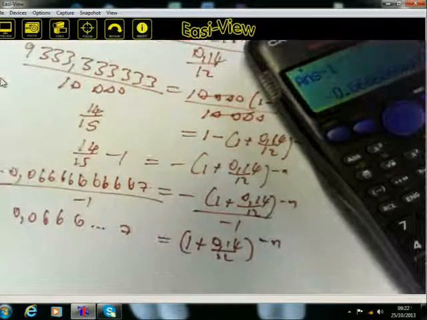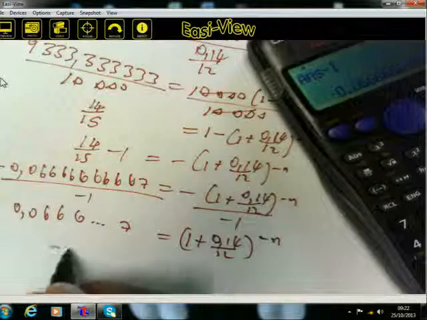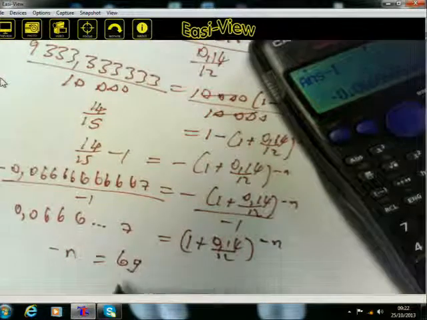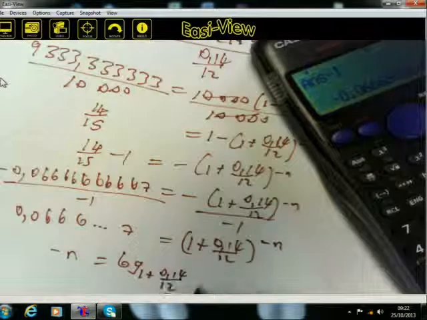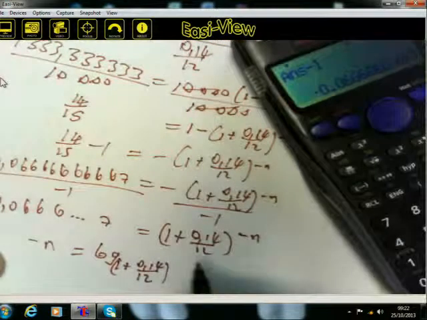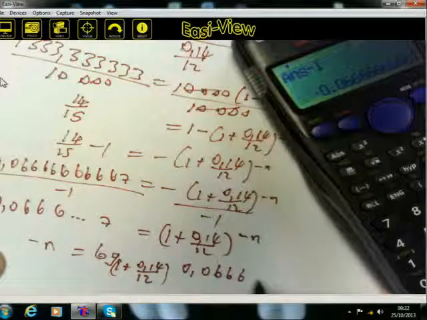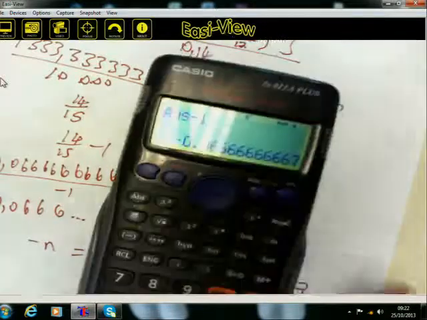Of course, from here, good people, what can we do? Apply the log. That will be minus n is equal to the log, with base 1 plus 0.14 divided by 12, of the number 0.0666...7.